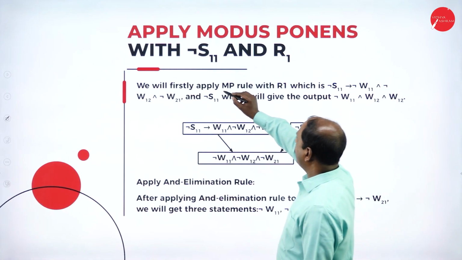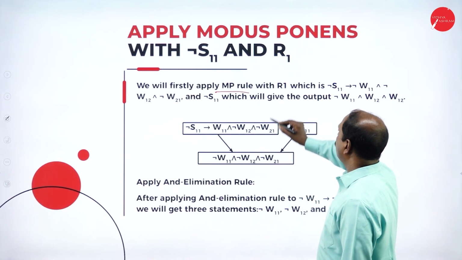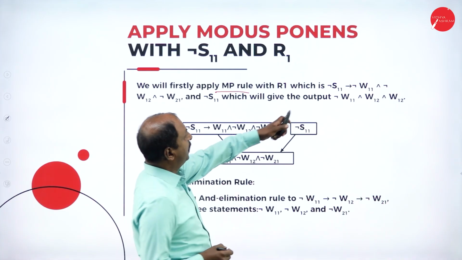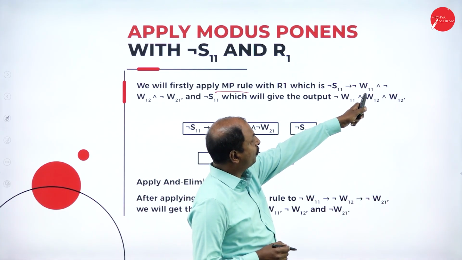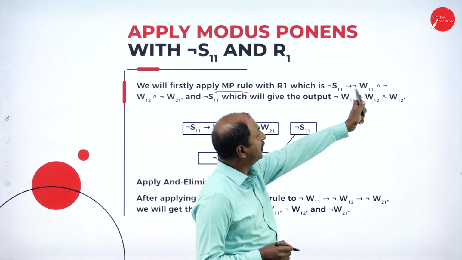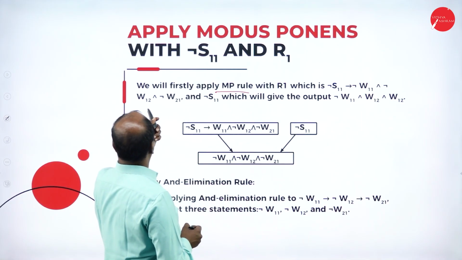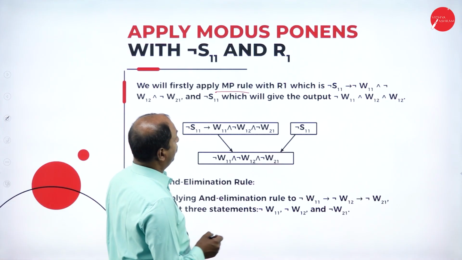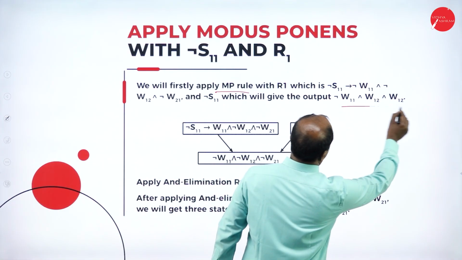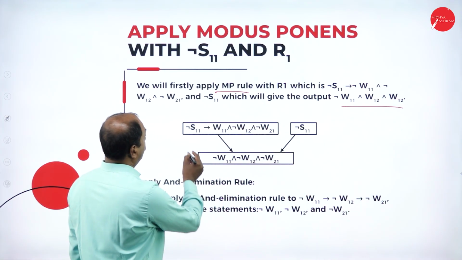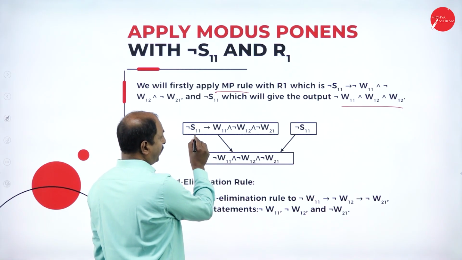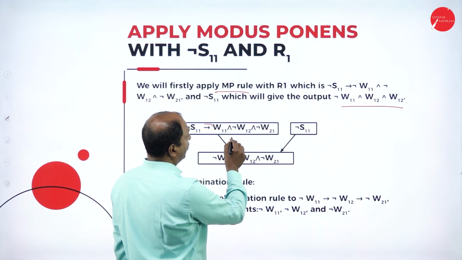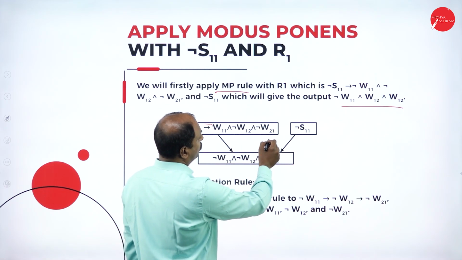Now we are going to apply the modus ponens rule for R1, meaning row 1, which is not S11 implies not W11, not W12, not W21, and S11 gives the output as this. So what I have written here is not S11 and W11, this is not W11, not W12, not W21 and S11.